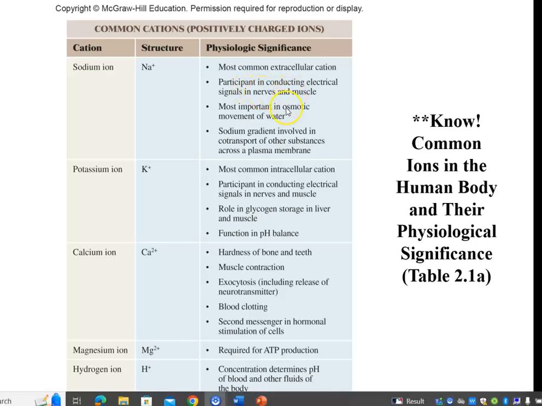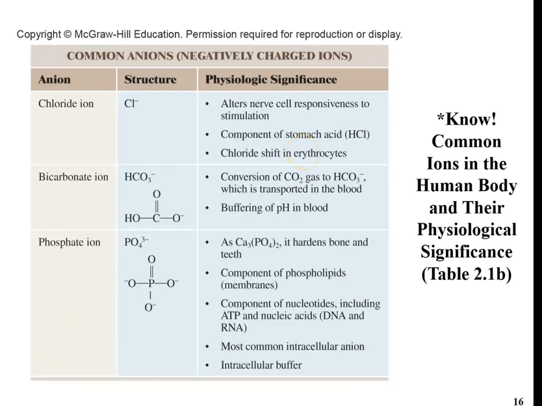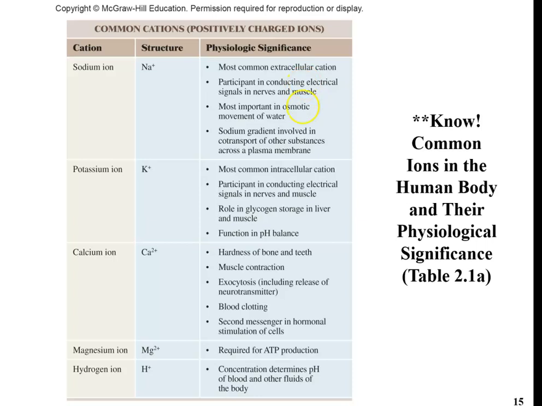It participates in osmosis. And then you can build a sodium gradient. Your cells sometimes build a sodium gradient, which is involved in co-transport of other substances across a membrane. For example, there's a sodium glucose co-transporter in your kidney that's involved in the resorption of glucose from your urine.